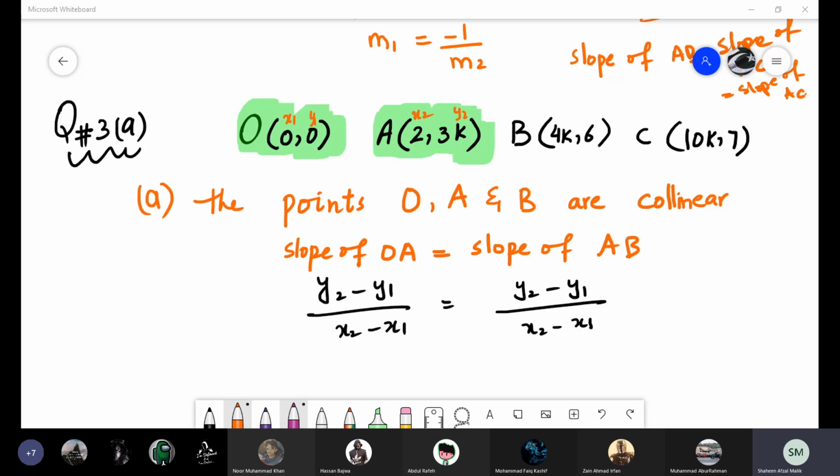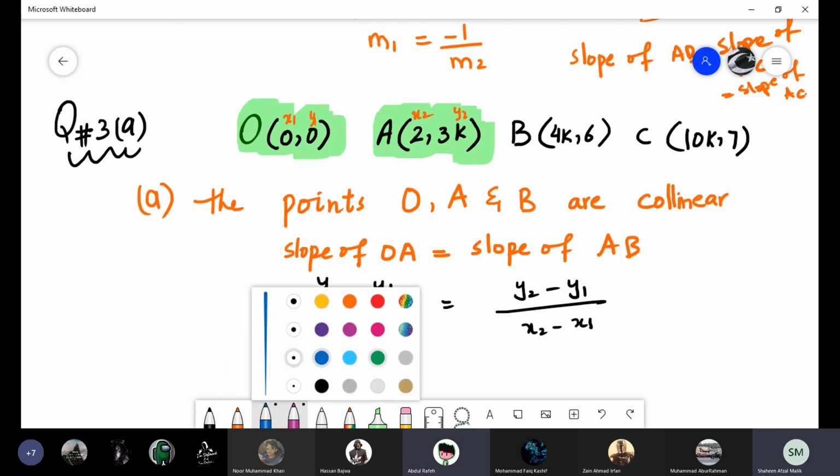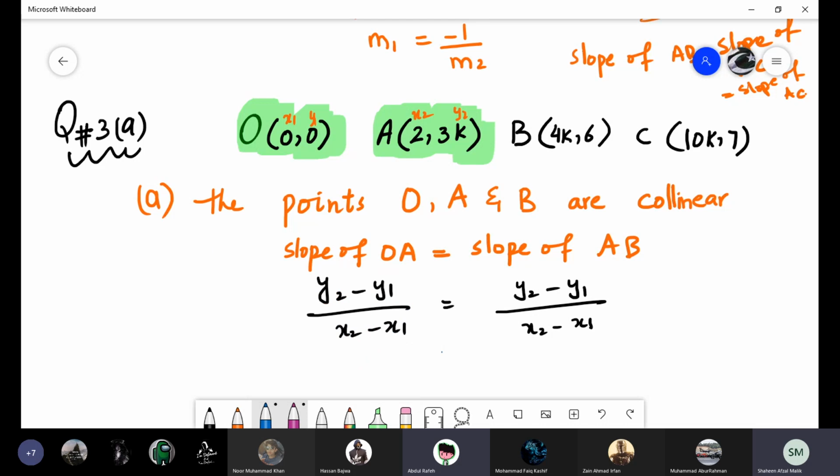Abdul Rafi, can you substitute the values? Just substitute the values and tell me what will be. 3k minus 0 over 2 minus 0.